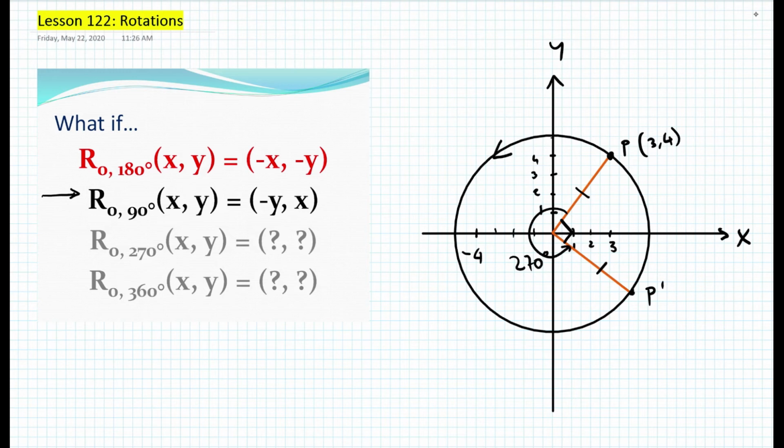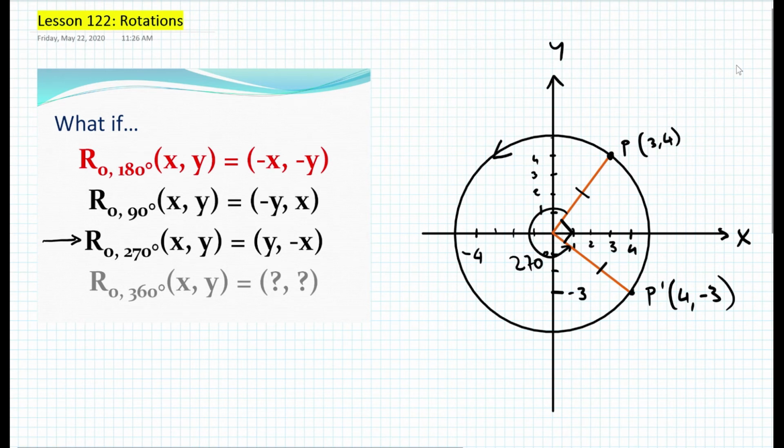Now again, what you can do is count this. So here we have 4 for the x value and the y value here. If you count the units, you end up with -3, okay? So there you go. We have also a general rule now for 270 degrees. It seems like it's going to be (y, -x), and that's basically it. Okay, so that's the rule.